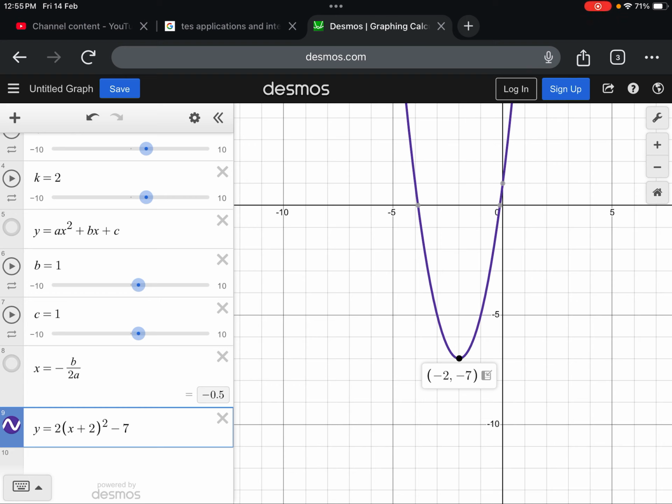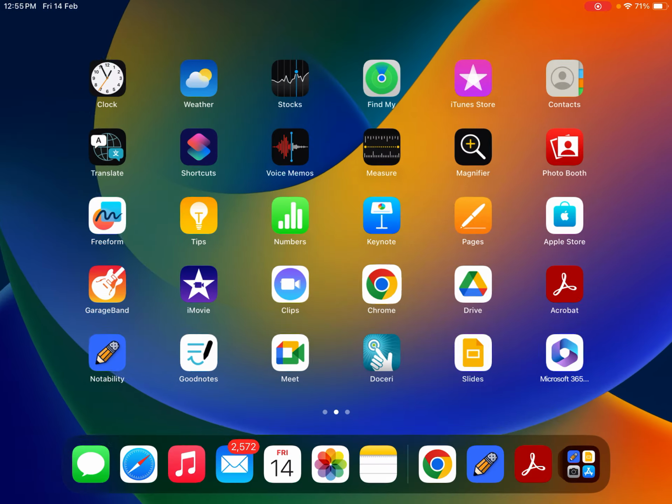But if you look at the graph, the vertex shows that it is indeed -2. And it seems like the sign of the x-coordinate of the vertex is the opposite of what is written in the vertex form.